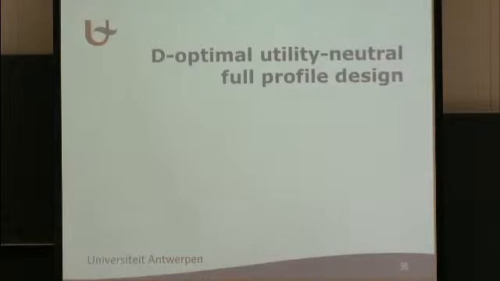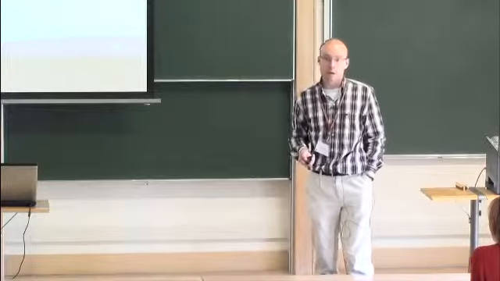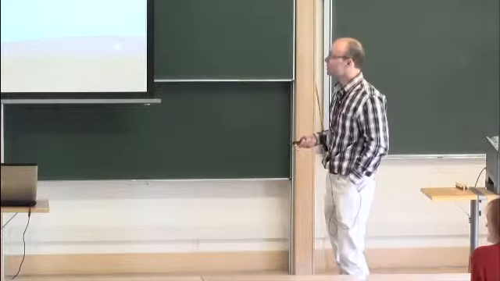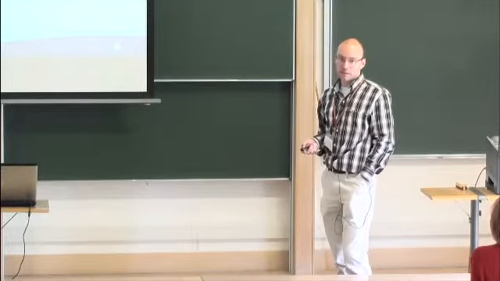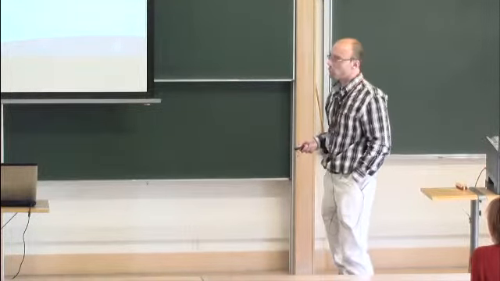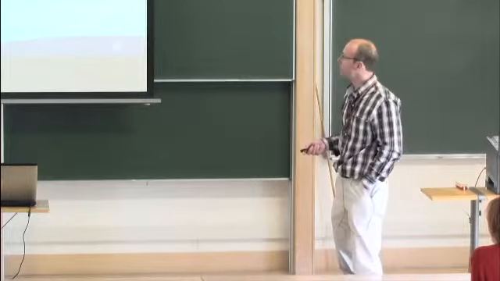So all these designs I've shown you are designs that we obtained using that Bayesian d-optimal design approach. We also did the same exercise using our algorithms, but this time assuming that beta is equal to 0. So taking the utility neutral approach, and using that utility neutral approach, we also calculated optimal designs for the same scenario.